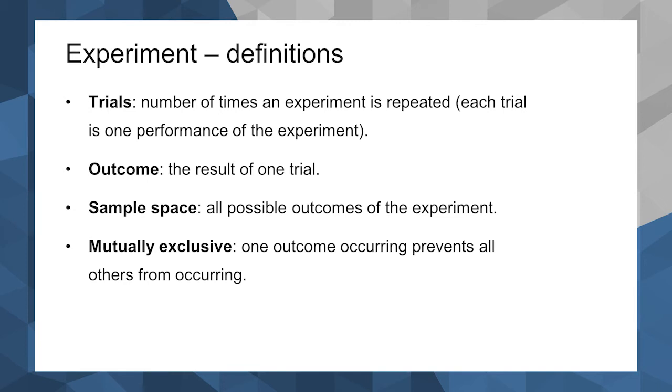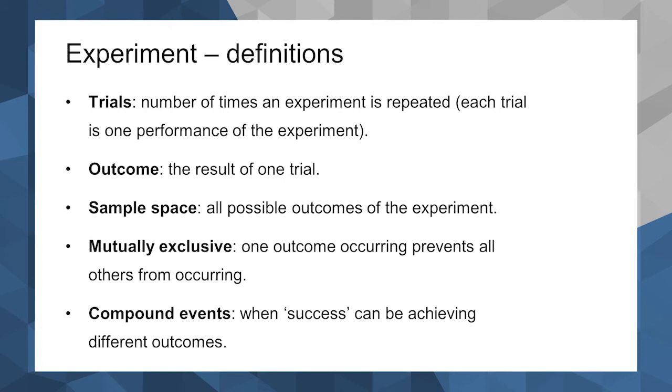You cannot have two weights for the same person. So although there is a sample space of all the weights that a human being can have, every single weight on every single individual trial is mutually exclusive, because if you have one, you can't have the other. Okay, so that's the definition of a mutually exclusive outcome.